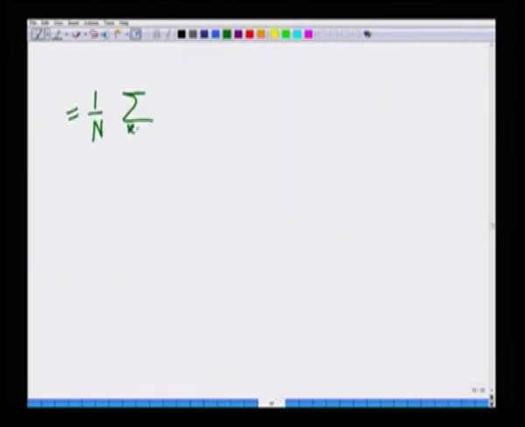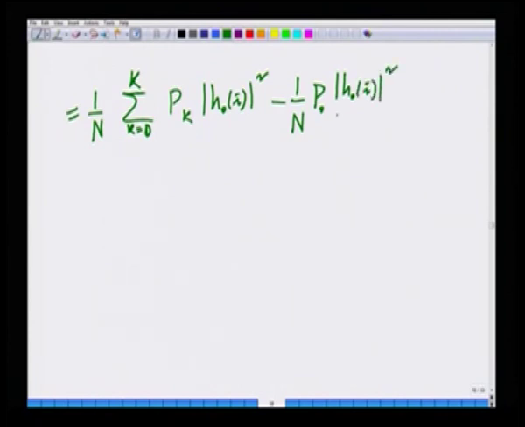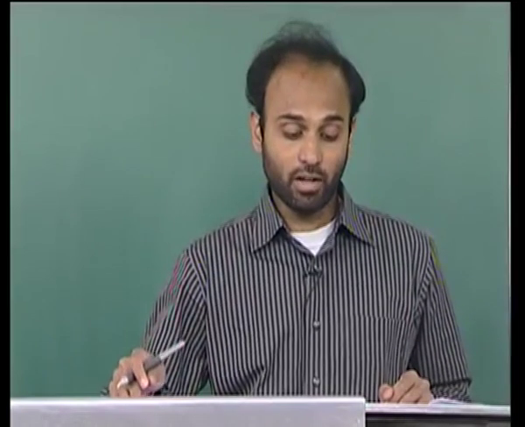So, finally, what you can write this as, simplified, is summation k equals 0 to capital K, P k magnitude H naught of i square, minus 1 over n P naught magnitude H naught i square divided by norm H naught square, plus sigma n square over n times magnitude H naught i square divided by norm H naught square. Alright, so this is the net expression that we have for the interference on the ith branch.